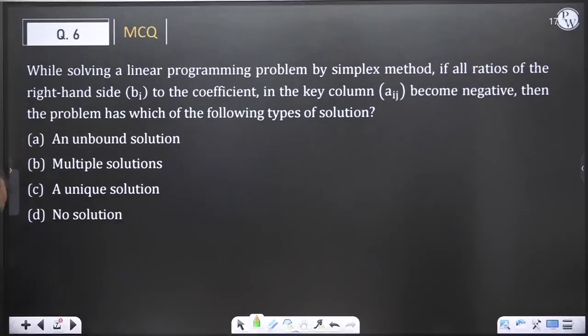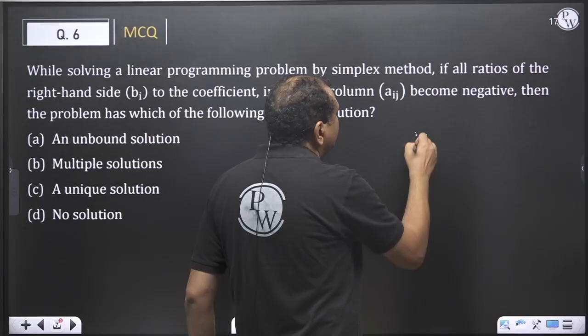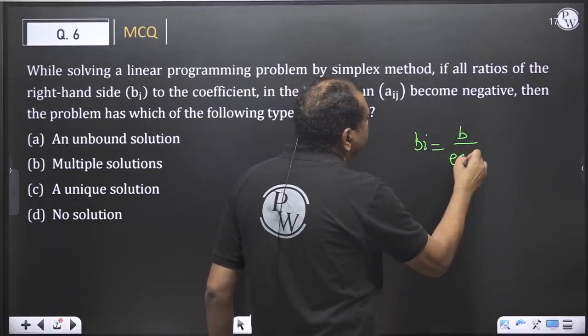Now here, the right hand side, it is nothing but B divided by entering column.